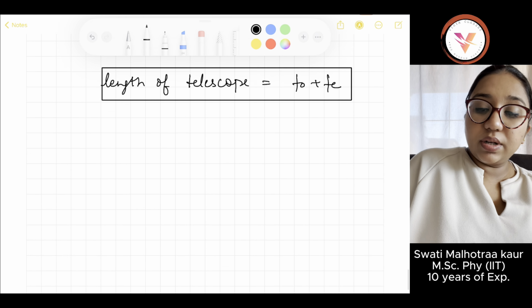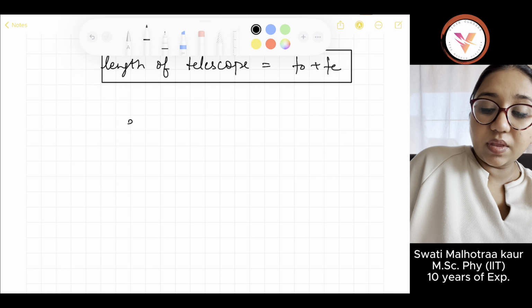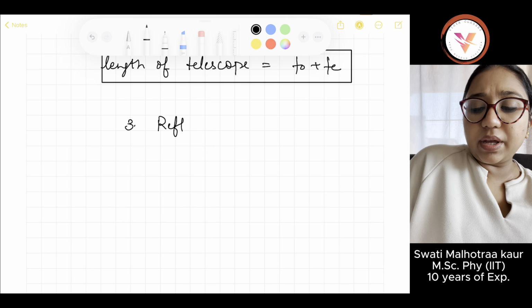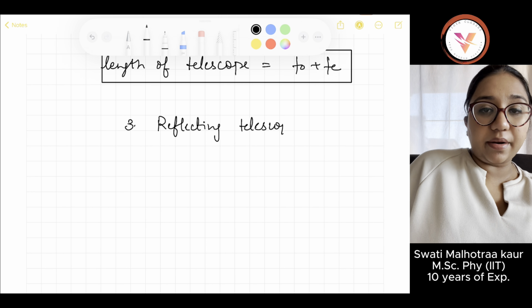Okay, so now the third topic is basically the reflecting telescope. In this, you only have to remember the ray diagram.